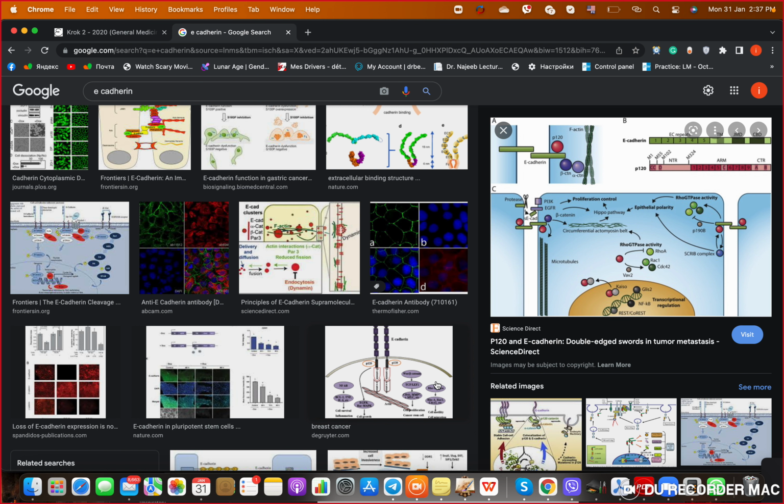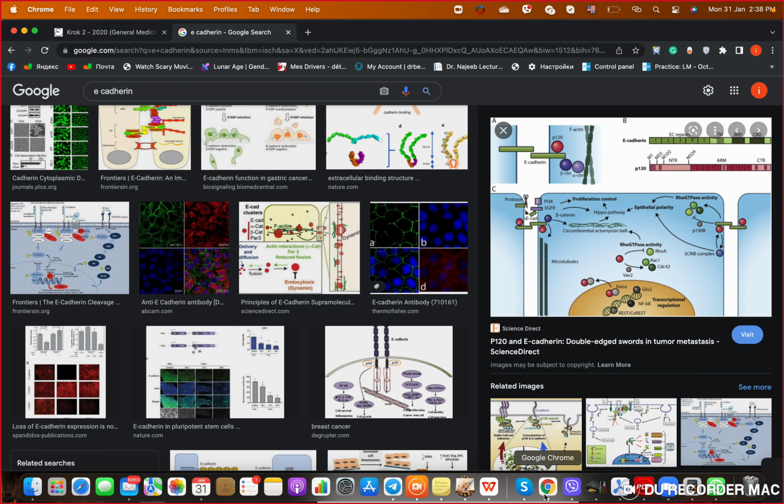Then it needs to invade the basement membrane, which is full of collagen type 4, and then it needs to attach to the fibronectin and laminin. And then it can enter into our body. So this is how a cancer that originated in the epithelium can invade the deeper tissues.